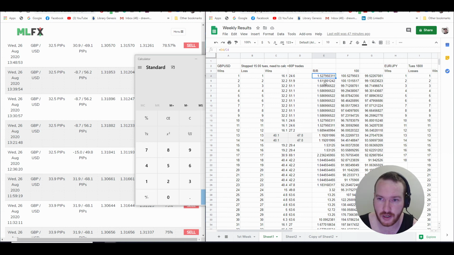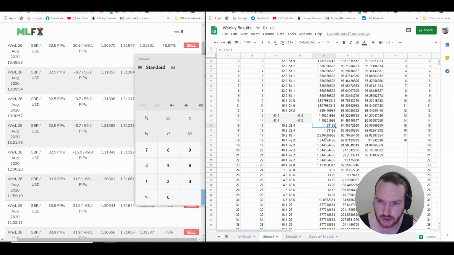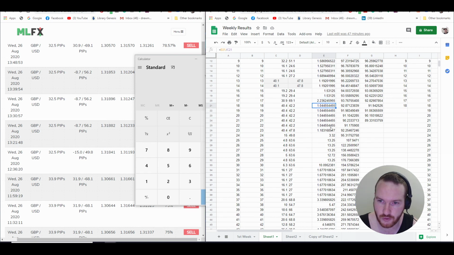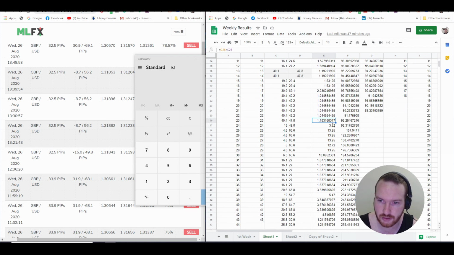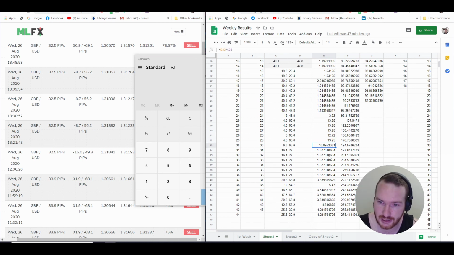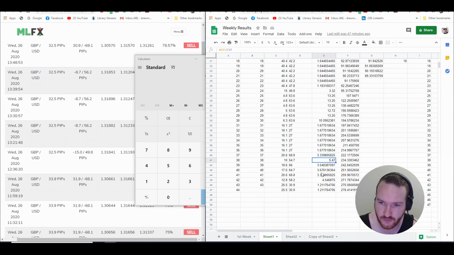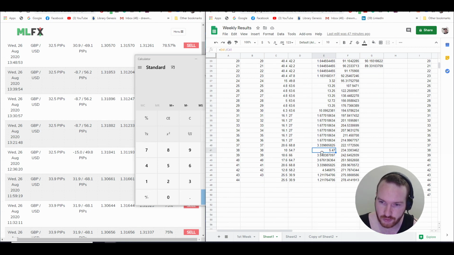So we had a 1.5 return, 1.6, 1.5, 1.5, all these trades here, 1.6, 1.19, etc., 2.2, 1.04, so it's only slight on those, 1.8, 3.2, 13.25, boom, that was that period that I recorded here earlier, 12.72, 13, 10, 1.6 all the way down, 3.3, 5.47, 3, 4, 1.2.